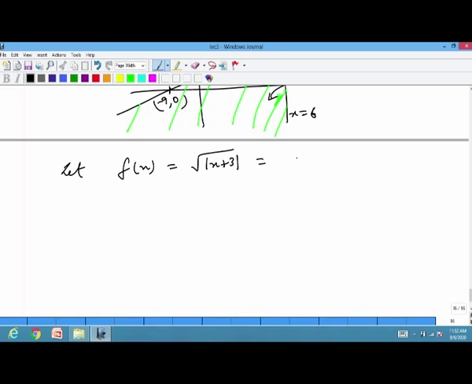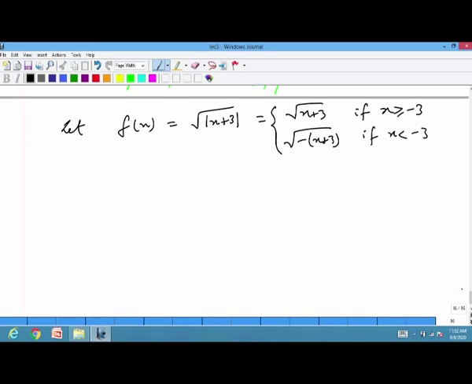This is equal to square root of (x plus 3) if x plus 3 is non-negative, that is x is greater than equal to minus 3, and it is square root of minus of (x plus 3) if x is less than minus 3. So, this is of course symmetric about x equal to minus 3. So, we can try to draw this for x bigger than equal to minus 3.